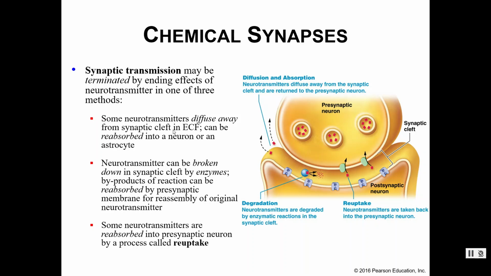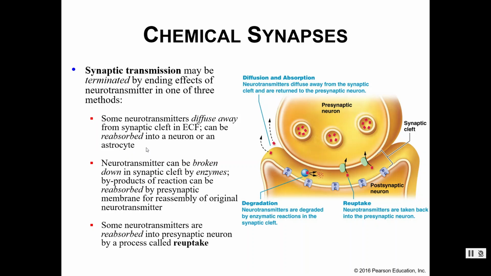Option number 1, the neurotransmitters in the synaptic cleft will just diffuse away. So they'll basically just float away, float on over in here. There are no receptors way over here, so they don't do anything. They can also just be reabsorbed by an astrocyte that lives nearby.